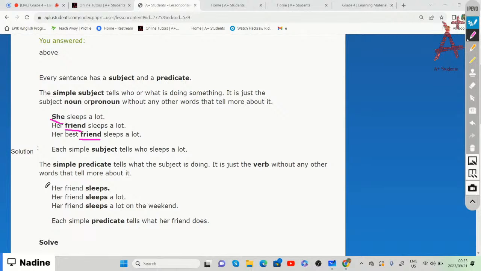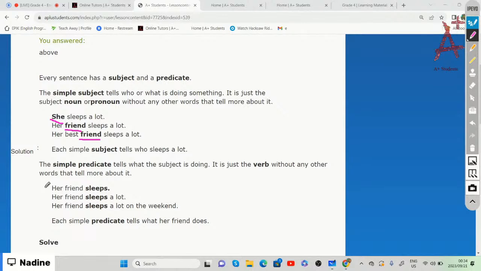And then we have a simple predicate. A simple predicate tells us what the subject is doing, and it is just the verb, without any other words or information that tell us about the subject.